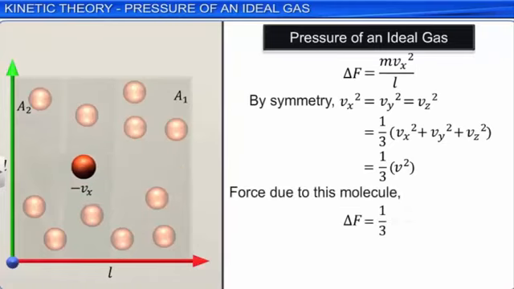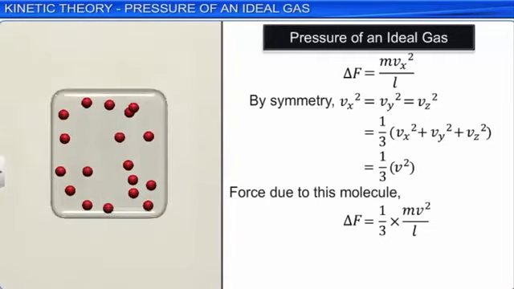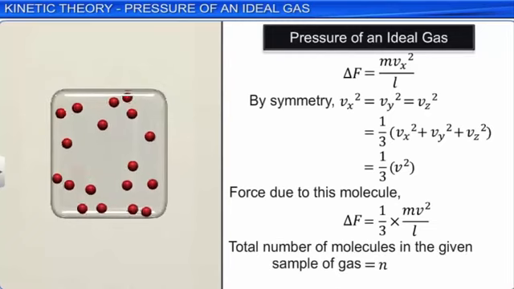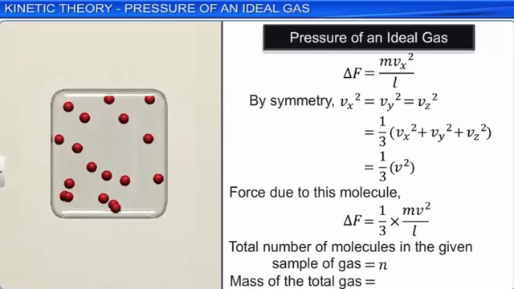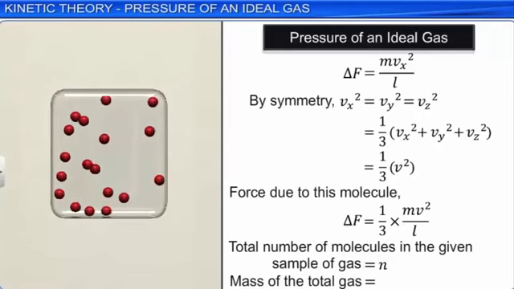Let the given sample of gas contain n number of molecules. Then the mass of the total gas is equal to the mass of one molecule, m, multiplied by the total number of molecules, n.